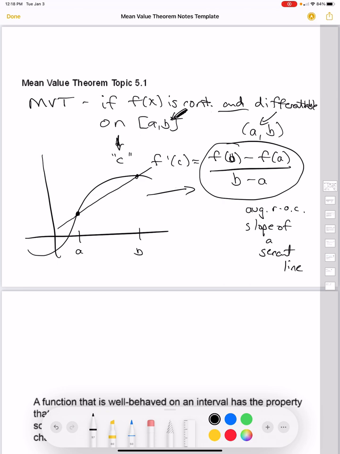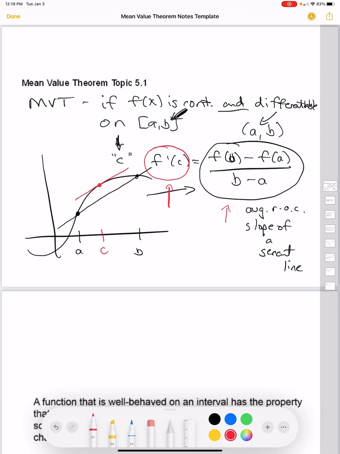Well, what the mean value theorem says is that if this function is continuous and differentiable, then there is one place in between, and you can see it on this graph that I drew, right here. There is one value C where the slope of the tangent line to the function, and remember that's what f prime of C means, the slope of the tangent line, is the same as the slope of the secant line.